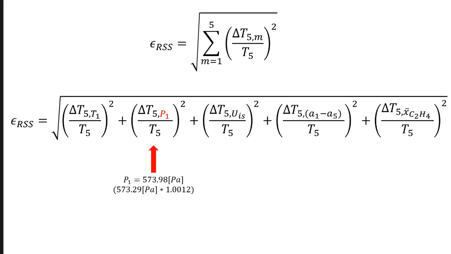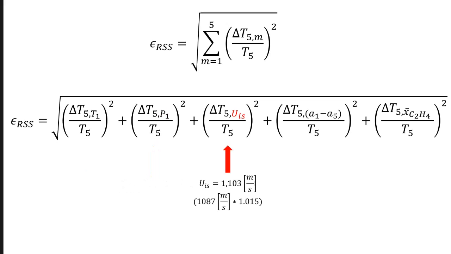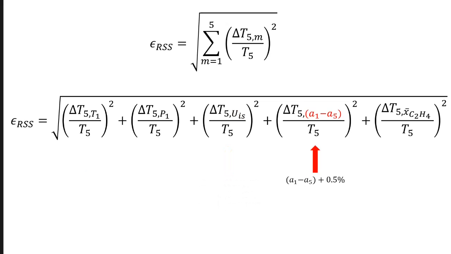Once again, where we calculate using P1 equals 573.98 pascals, which is 0.12% perturbation above the measured value. Once where UIS is perturbed 1.5% higher, once where the NASA coefficients are perturbed, and once where the ethylene mole fraction is perturbed.